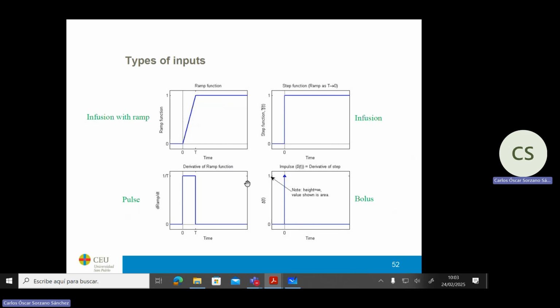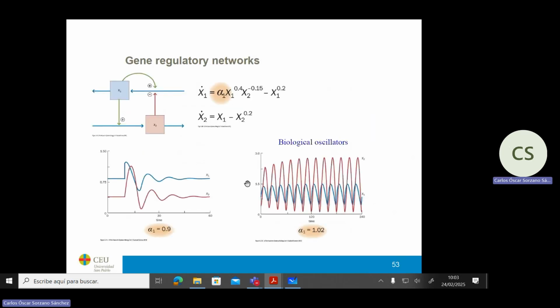These names come from drug delivery. When you take a drug, it can be infused, so constantly you have a new dose, or you have a bolus. When you take a pill, what you are taking is a bolus.